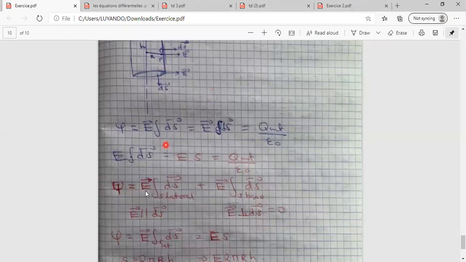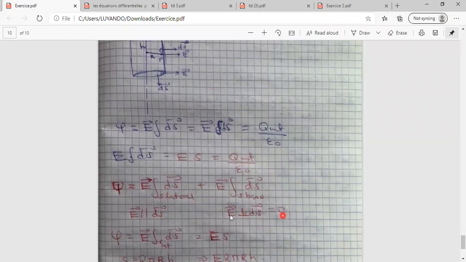We have our flux equal to the integral of E dot dS lateral, which is the sides, representing the surface area S of the sides, plus the S of the bases. We've established that the vector E and dS on the lateral are parallel, which is what I've indicated here, plus the vector E and dS on the bases, which are perpendicular to each other, and the product of perpendicular vectors is going to give you 0.